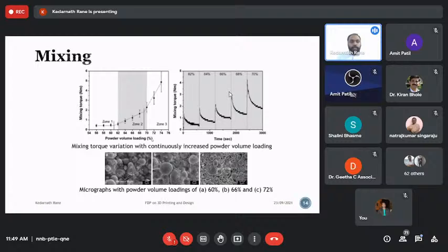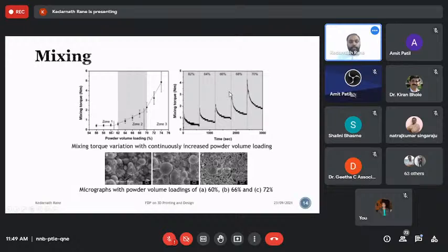When it comes to the physics of mixing, you have mixing torque on the y-axis and powder volume loading on the x-axis. It is very evident that as soon as you increase the powder volume, the solid loading in the polymer, you require higher torque, higher effort to get it mixed.